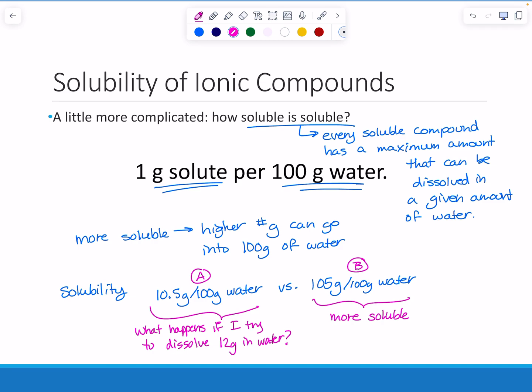And then sometimes if I heat up a solution, I can get more to dissolve, and if I cool it down slowly and not disturb it, I can get what we call a supersaturated solution, which is where I have more than can actually dissolve. And you can do this with a molecule called sodium acetate.